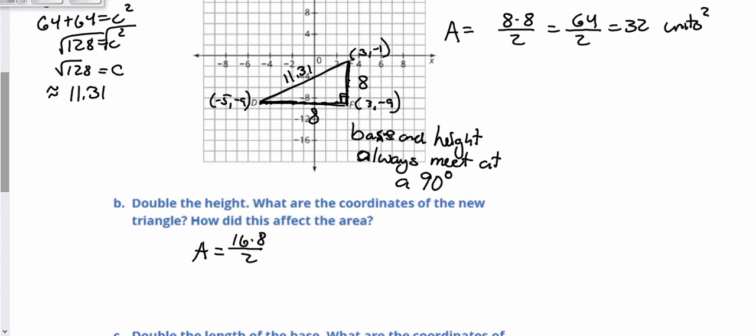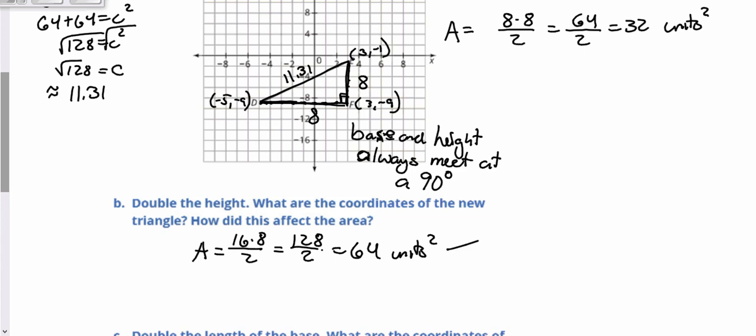Okay, 16 times 8 gives me, oh, what is that? 128 divided by 2, which is 64 units squared. So it doubled based on the original again.